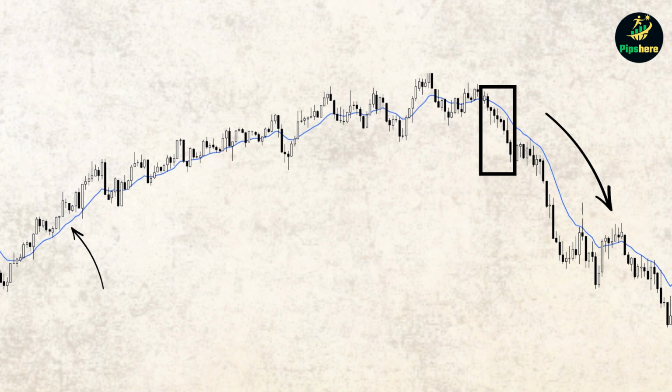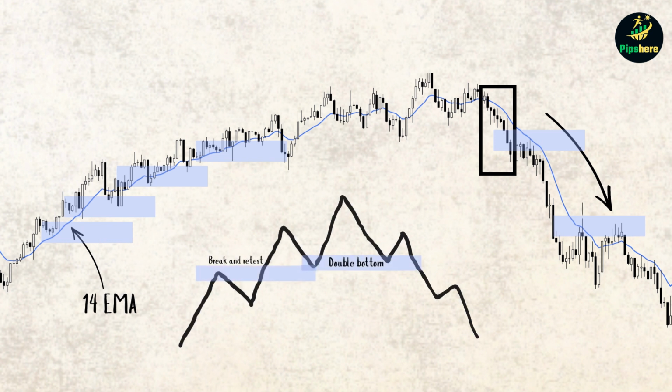In this strategy, we're using the 14-period exponential moving average, or 14 EMA. The purpose of this moving average is to help us identify recent dynamic support in the market. Most traders are familiar with traditional support levels, such as break and retest zones, double bottoms, or other horizontal support areas.